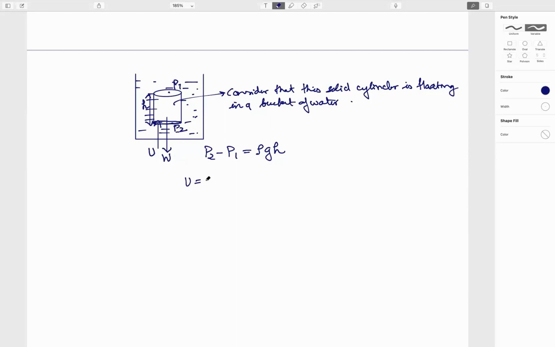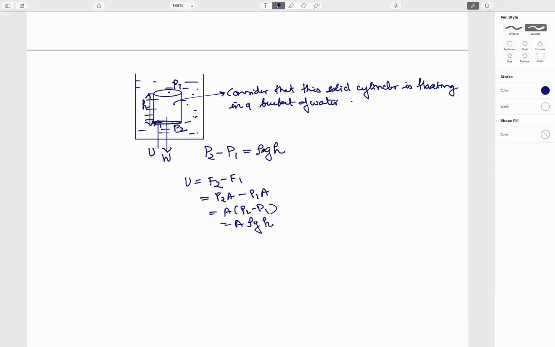So that comes out to be F2 minus F1, the force due to pressure at this end minus pressure at the other end. That is P2 into A minus P1 into A, which is A into (P2 minus P1), and that is rho g h times A.